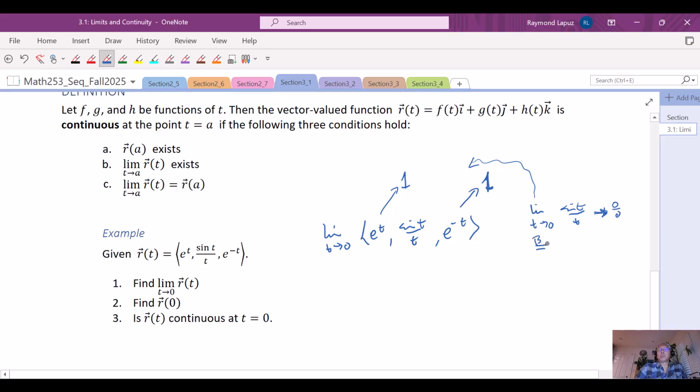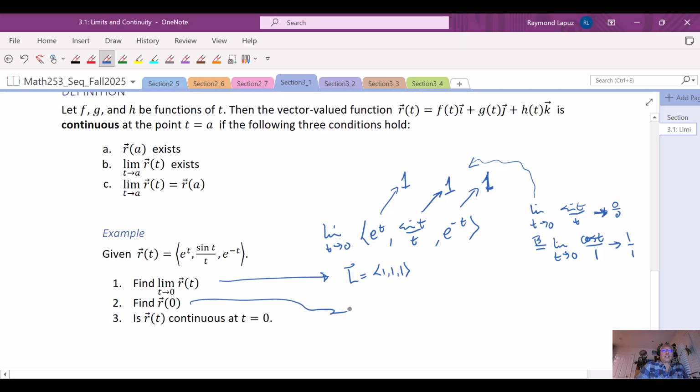We take the derivative of the numerator and the derivative of the denominator and then put in the value 0. As long as we don't have an indeterminate form, like 0 over 0 or infinity, then we have an actual value. So this is also going to be 1. So yes, the limit does exist, and L is going to be equal to 1, 1, 1.